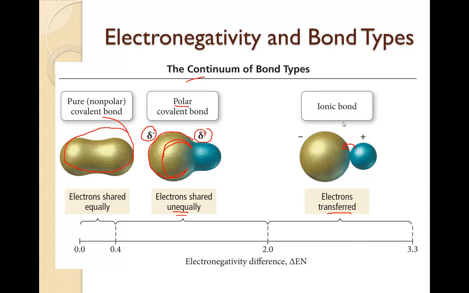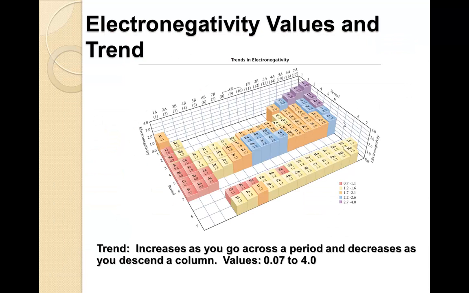So let's look at the trend of electronegativity, so that way when you're looking at bonds, you can determine which is more electronegative and which one isn't, and where the electrons are shifting. Alright, so if you look at the entire thing, you'll notice that fluorine has the biggest number, whereas over here, francium and cesium have the smallest numbers.